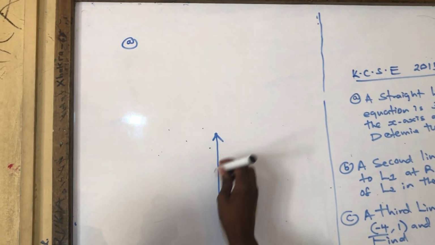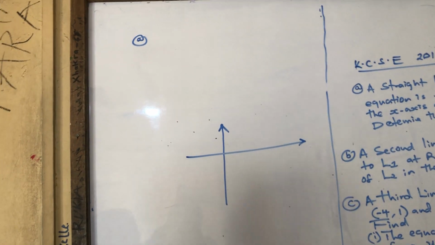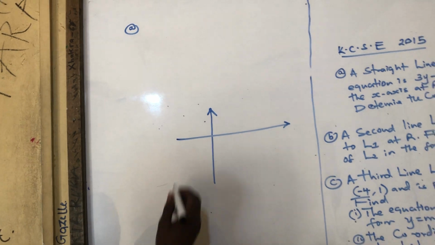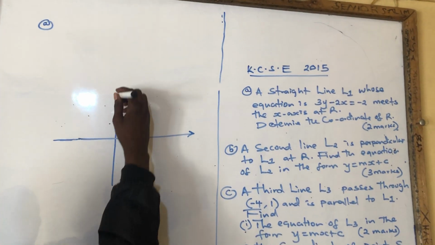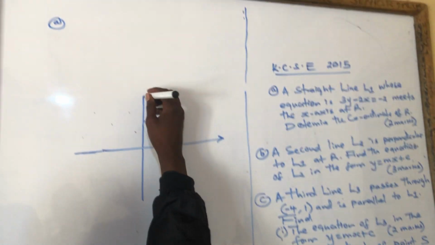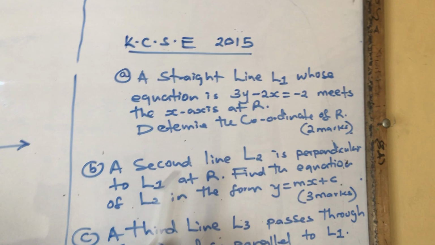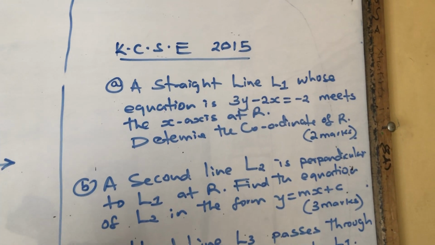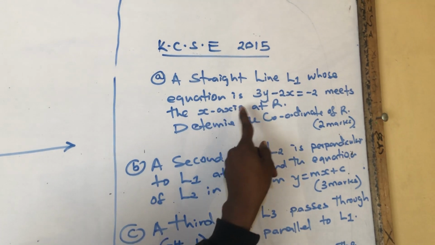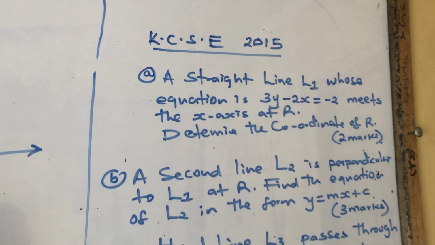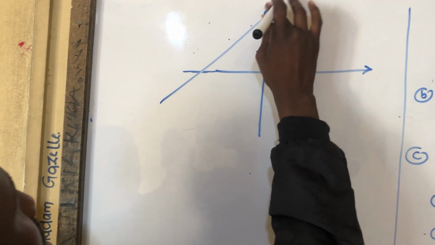I'm trying to imagine how the line is looking and what the question is talking about. The question is talking about a line whose equation is given here, and we are being notified that this line meets the x-axis at a point R.